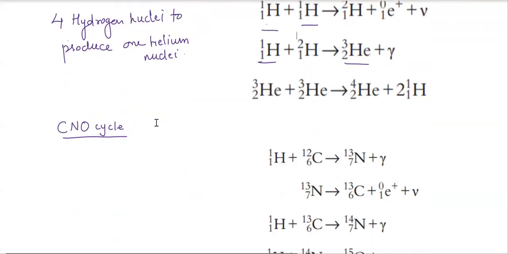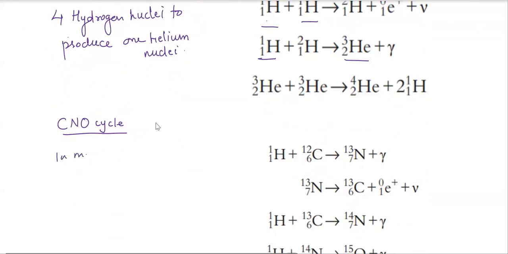In a heavier, more massive star, the gravity is high and the temperatures are high enough that it can fuse with heavier elements like carbon, nitrogen, and oxygen. This is the CNO cycle.